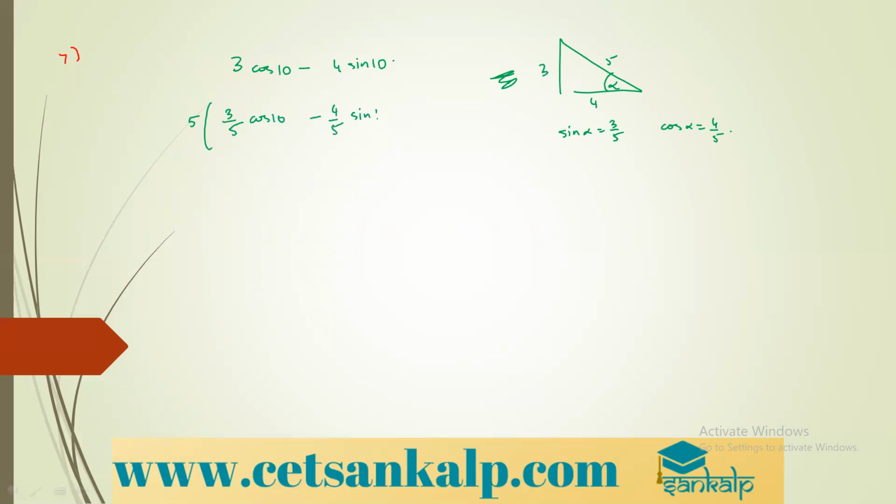You will understand why I am doing this. Because 3 by 5 I can write as sine alpha, cos 10. And 4 by 5, I can write minus cos alpha sine 10. So this is sine of alpha minus 10.